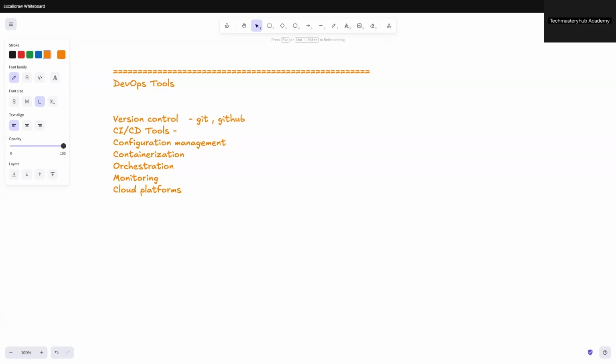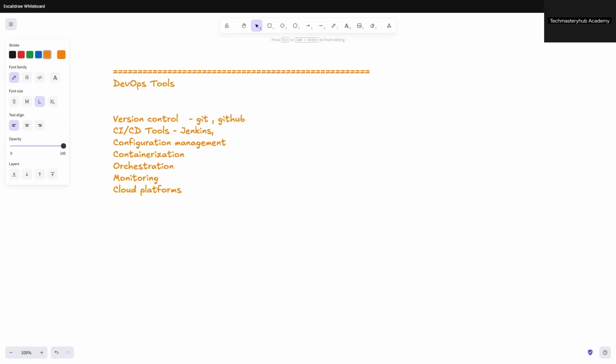Next is CI/CD tools. Most popular tool is Jenkins. The purpose of the tool is to automate build, test, and deployment.